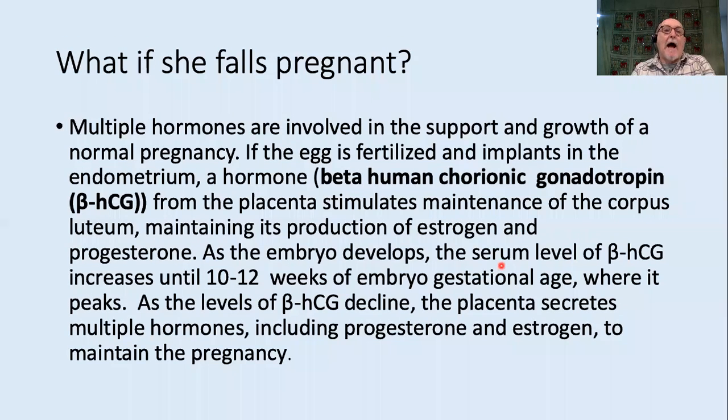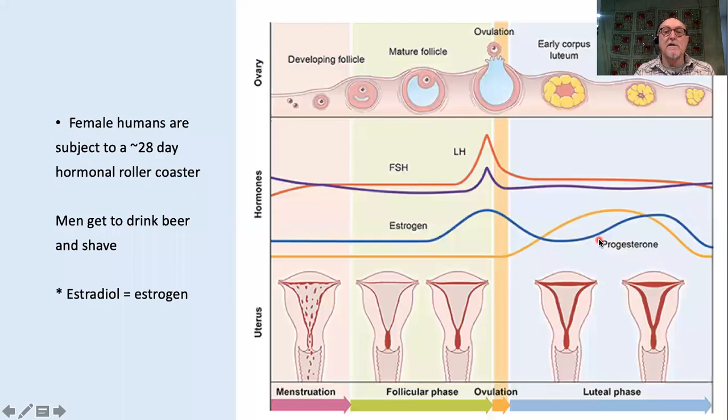Now, how the body knows if a pregnancy has resulted, because the placenta itself acts as an endocrine gland. And as the placenta develops, it releases this hormone, beta human chorionic gonadotropin, beta HCG. And that allows this corpus luteum to be maintained.